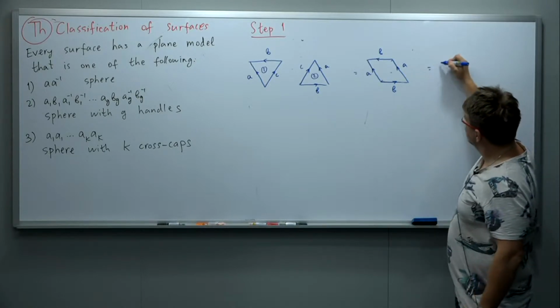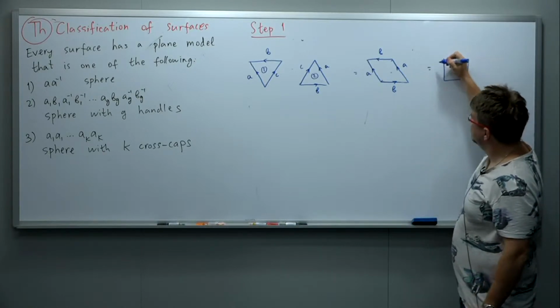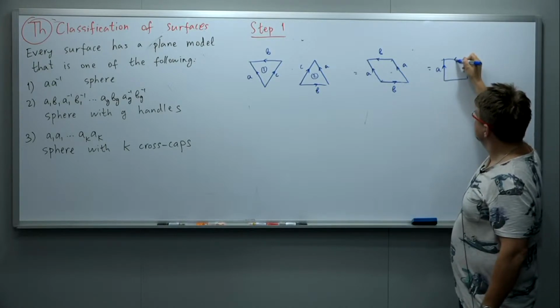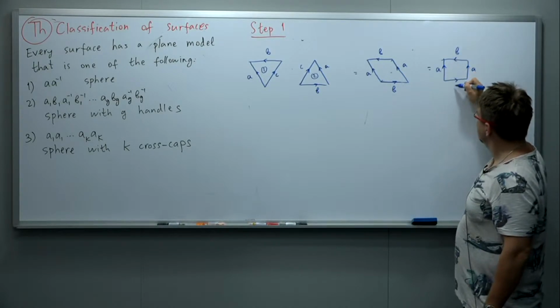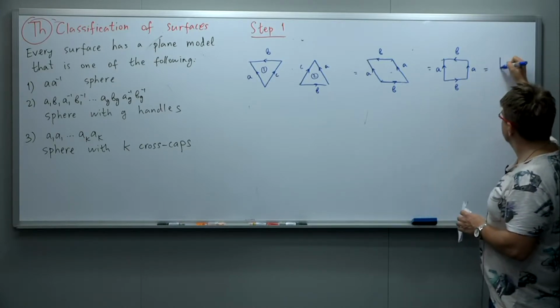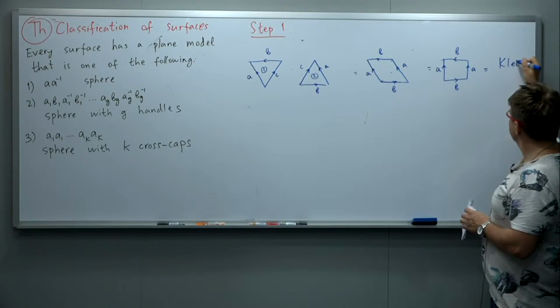And what I got is this thing. So A, B, A, B. By the way, this surface is called the plane model.